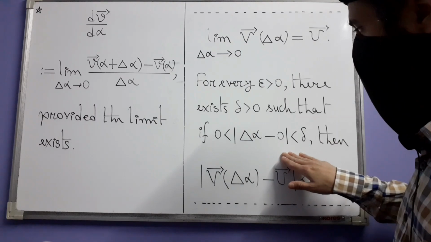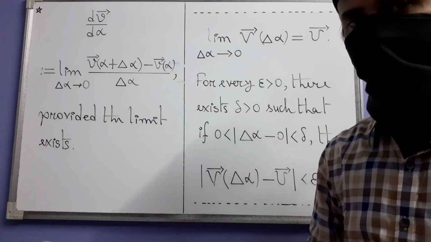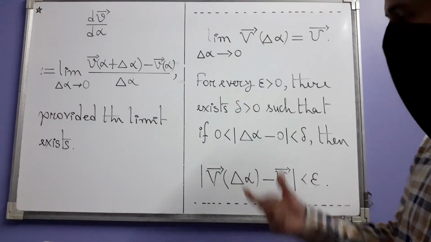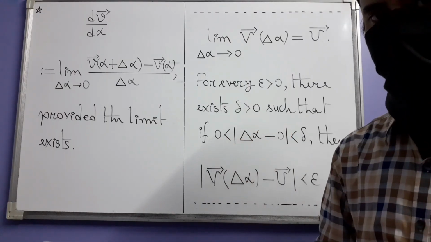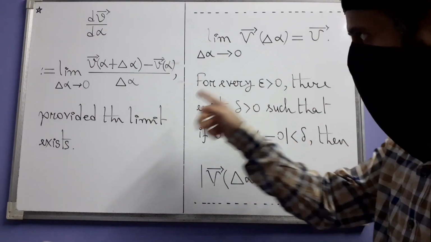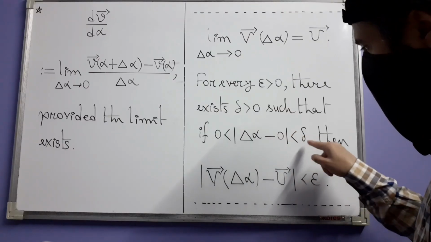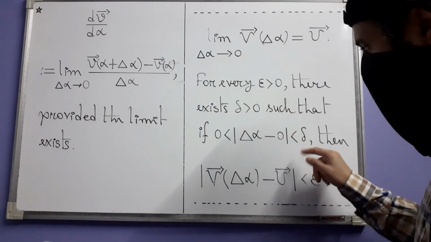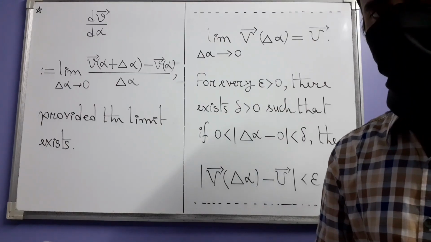These inequalities say that if the distance between the real number delta alpha and 0, which is this absolute value, is greater than 0, that means it's not equal to 0. This ensures that delta alpha itself is not equal to 0. And if this distance is less than delta, then this thing is less than epsilon.